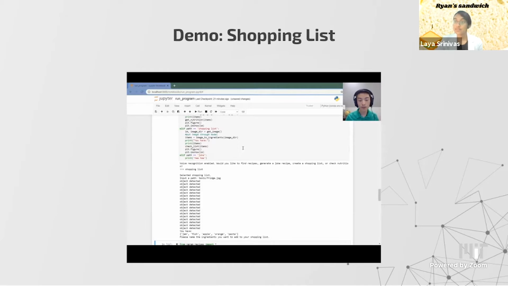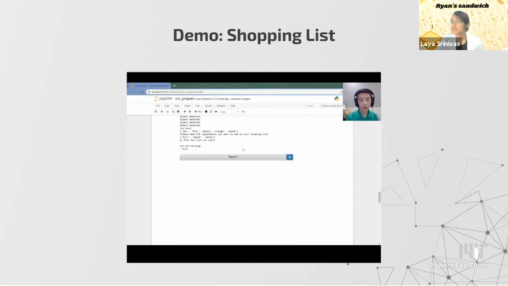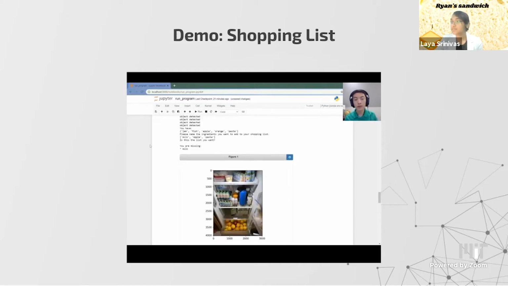Milk, apple, pasta. Using voice recognition, I generate a shopping list, and the CogShop will return what's missing in my fridge.